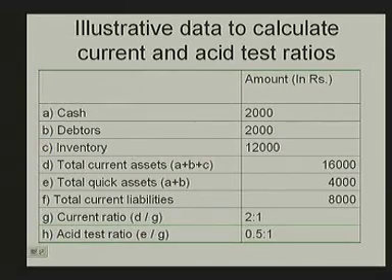That means the company is not that financially sound and there is a doubt in its ability to pay its short term liabilities or current liabilities, because you can find that the ratio 0.5:1 means that for every $1 of liability that the company has, it is maintaining only $0.5 of asset with it.